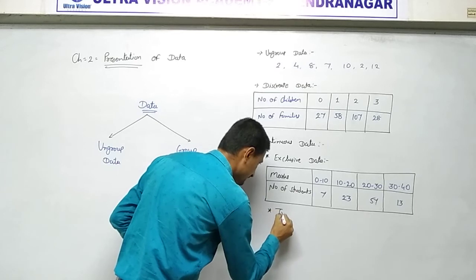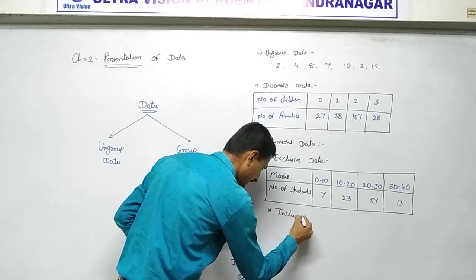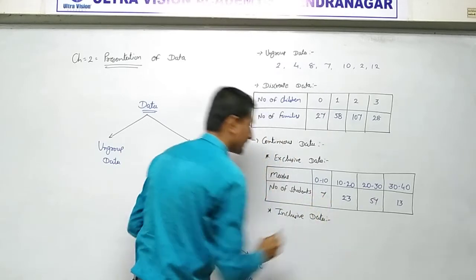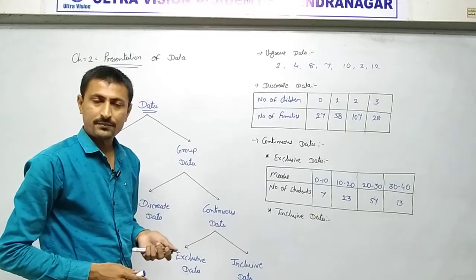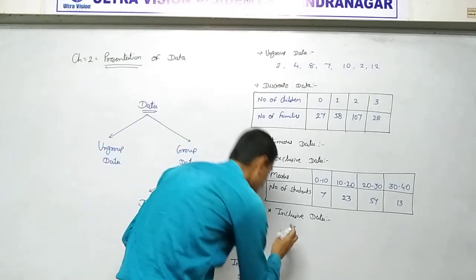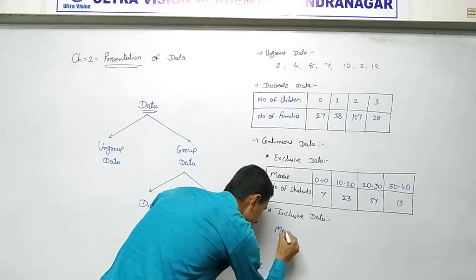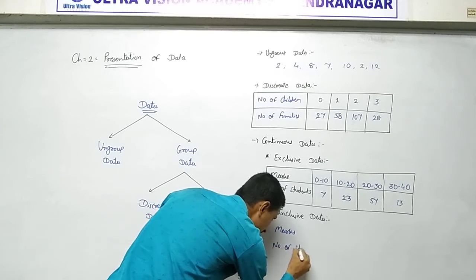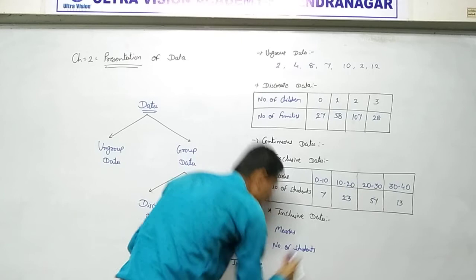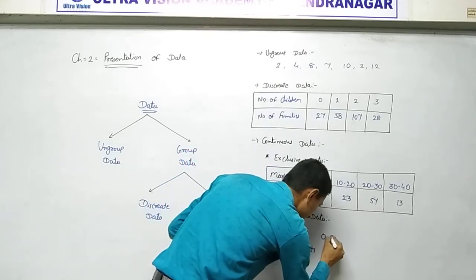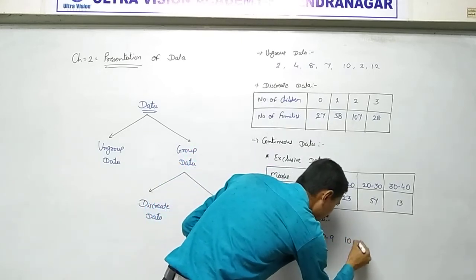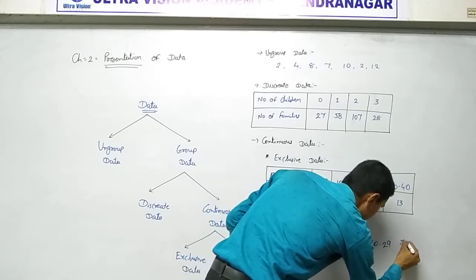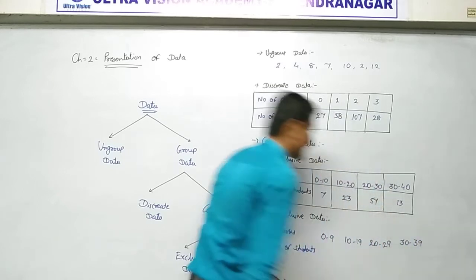Next, inclusive data. Same example: marks and number of students. So marks is 0 to 9, 10 to 19, 20 to 29 and 30 to 39.